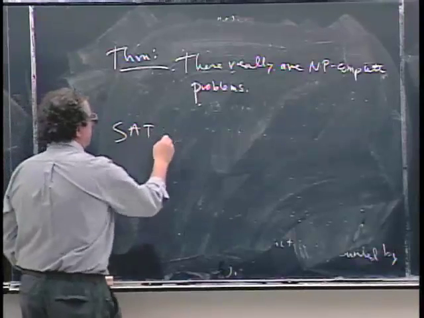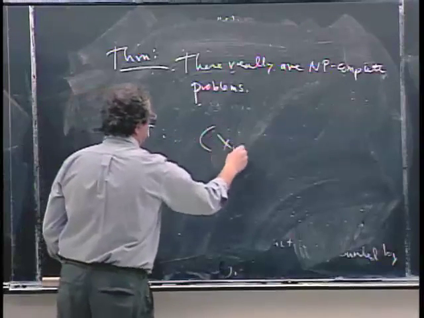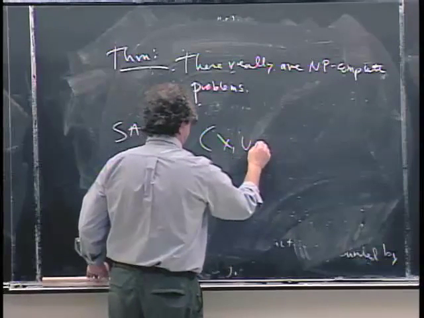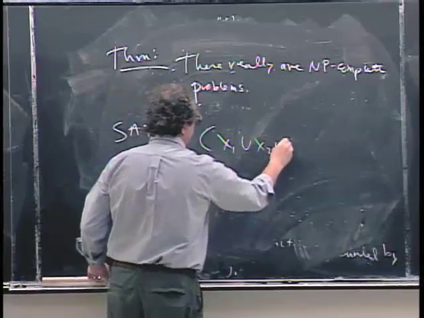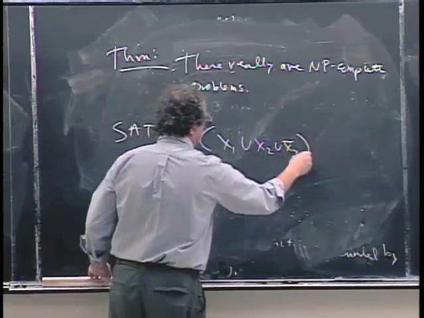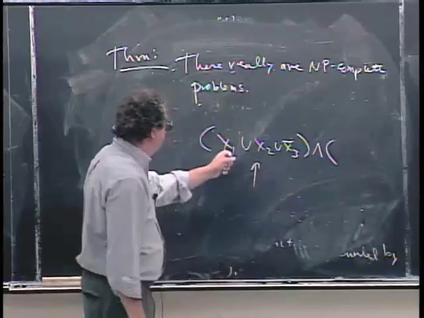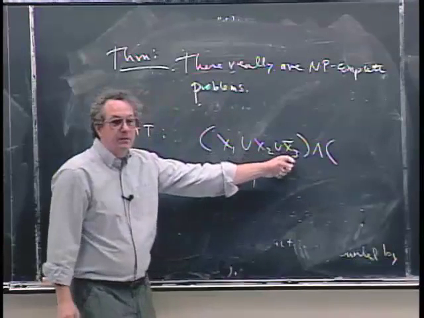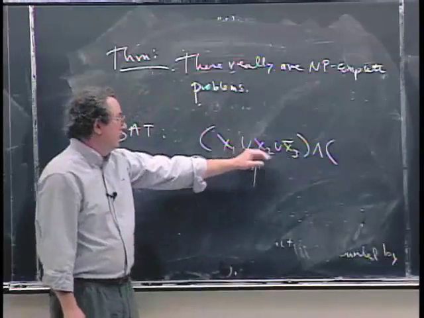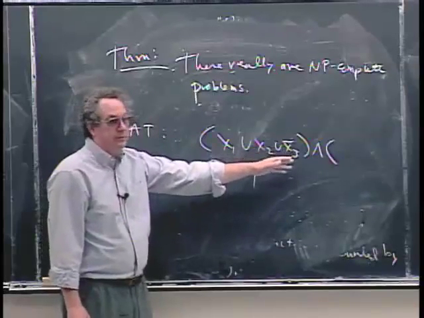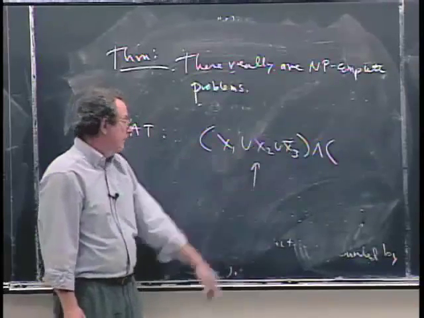And in SAT you have a number of clauses. Inside a clause, you have literals, which are connected by ORs. Now, this is an OR: X1 or X2 or X3 bar.